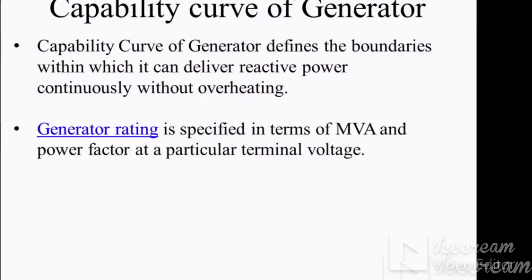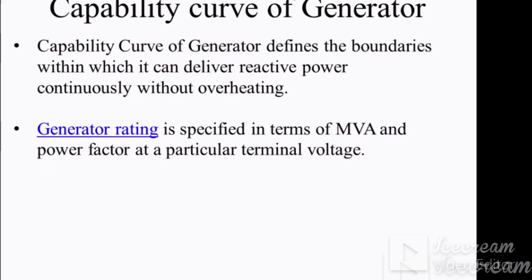So what do we actually mean by the capability curve of a generator? Here it means that you deal with the certain limits of the synchronous generator. It is defined as a boundary within which the machine can operate safely, and these curves are sometimes also called operating charts or capability charts.